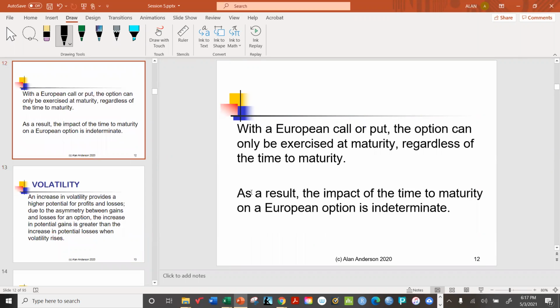Now, the European option, since we have to wait to the maturity date, there can be situations where it is actually harming the option that we have to wait for the exercise.